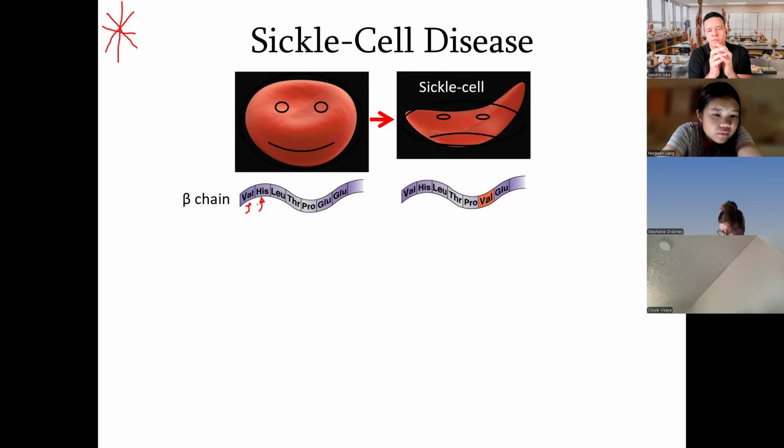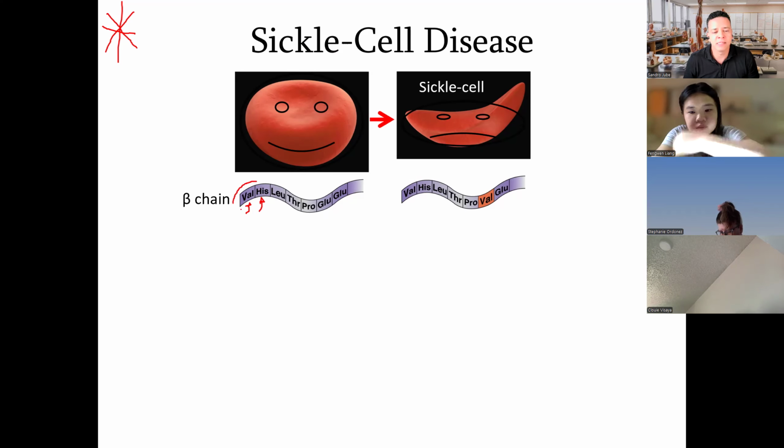Remember, the hemoglobin is made of 2 alpha chains and 2 beta chains, right? And what we're looking at right here is a little amino acid sequence of the beta chain that makes up the hemoglobin in a normal red blood cell. So we have valine, histidine, leucine, tryptophan, proline, glutamine, and another glutamine.